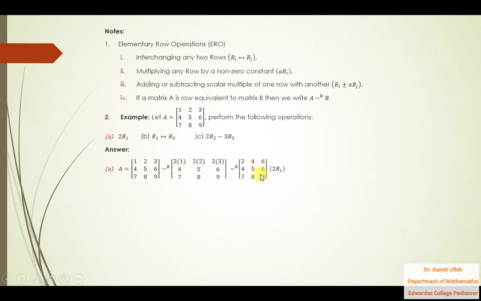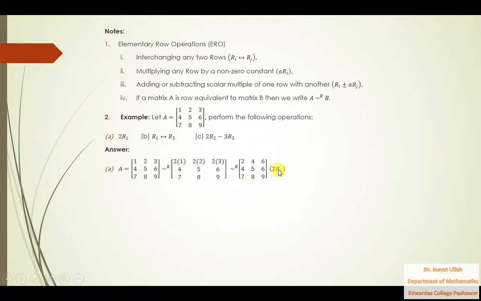So that is the obtained matrix from A. Now this matrix is obtained from A by elementary row operation, so we put this notation: A is row equivalent to this matrix.